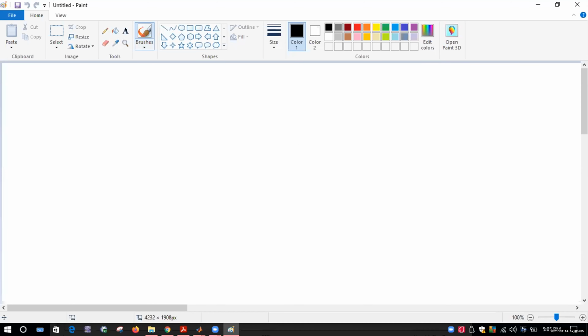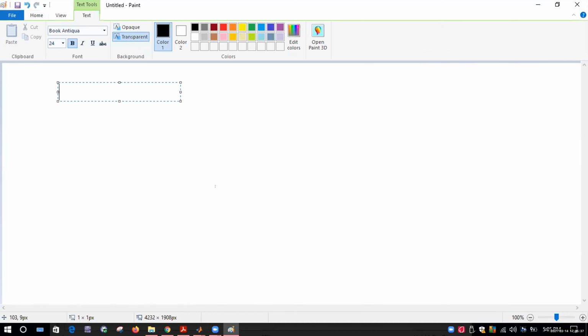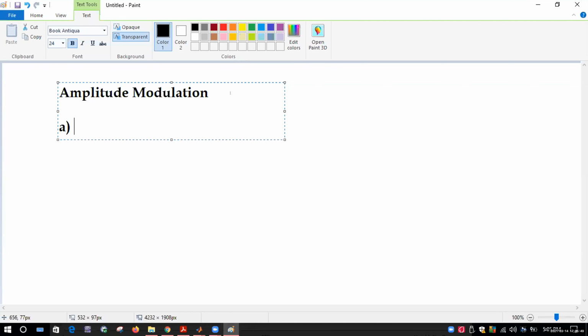Okay, so today's topic is modulation. Amplitude modulation, but amplitude modulation has three types. The first one is AM, the short form of amplitude modulation.